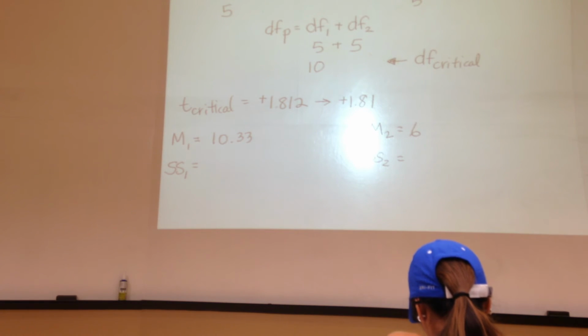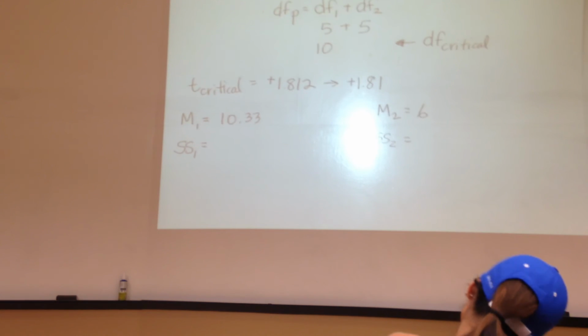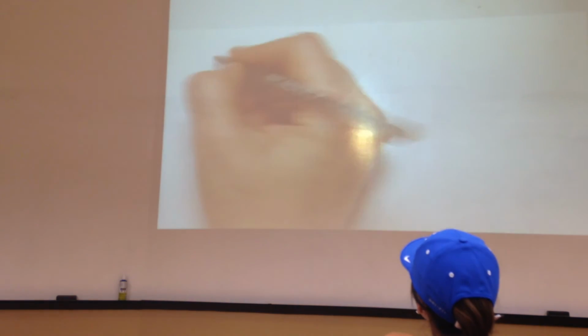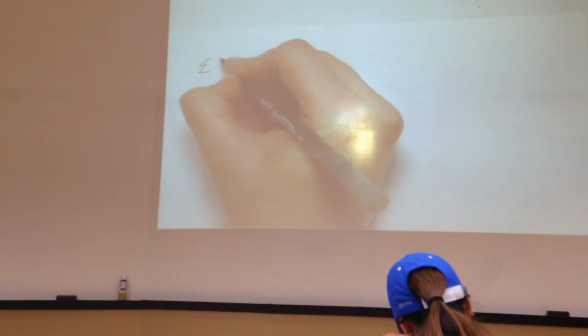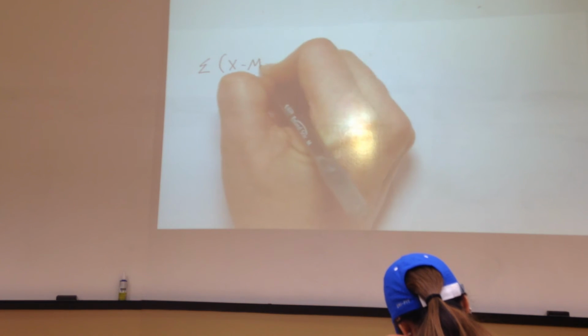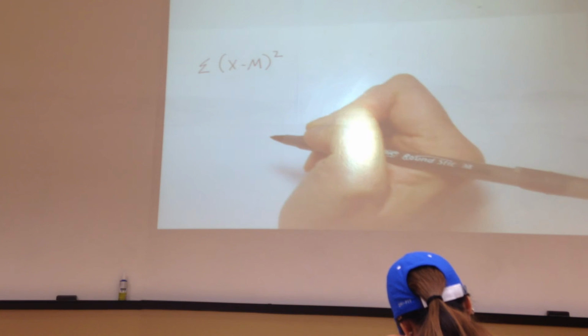Oh, don't you square every single number and then add them all up? Almost. So to do sum of squares, I'm going to get a new piece of paper. So sum of squares is shorthand for the sum of squared deviations.